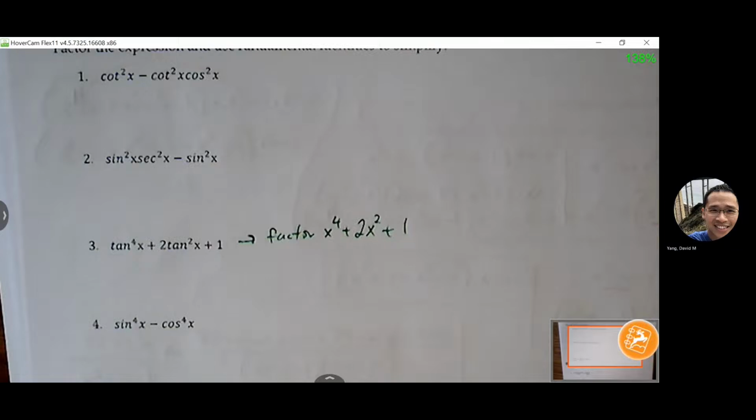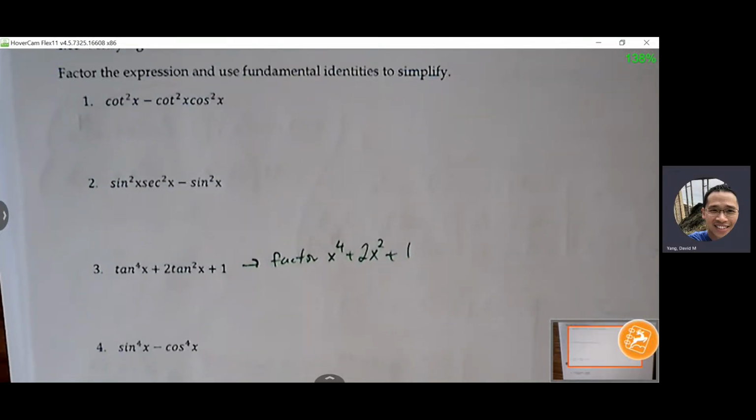But for number 1 and 2, just think about GCF, right? Factor the GCF out, and you should be able to get some trig identity to show up for you. So page 12, we'll just have you try 1 through 4, and then we'll be done for today.